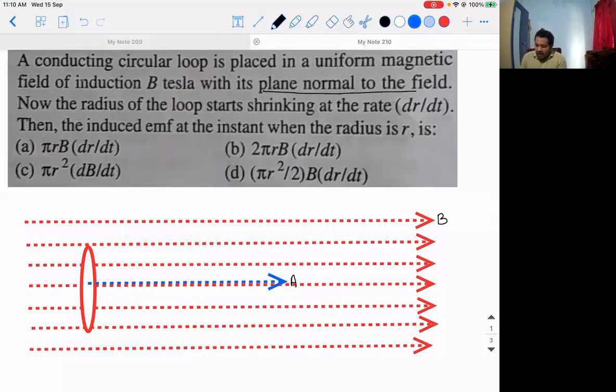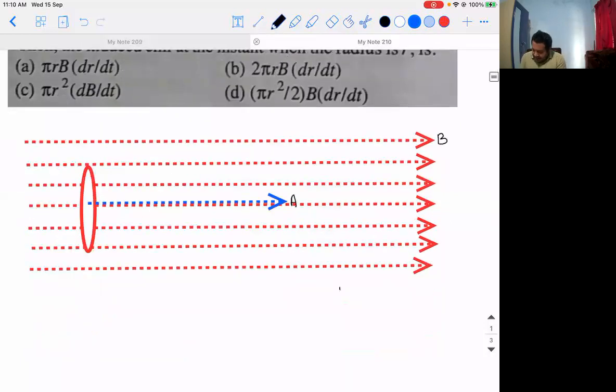So here we got a clear idea that B and A are parallel. Well, since B and A are parallel, the angle between them is definitely equal to 0, correct? Angle between them is equal to 0.